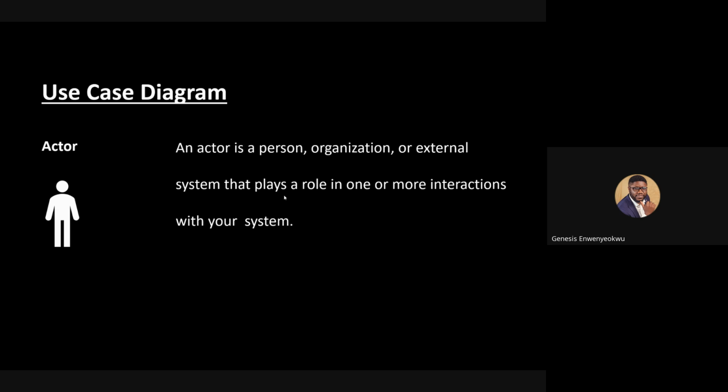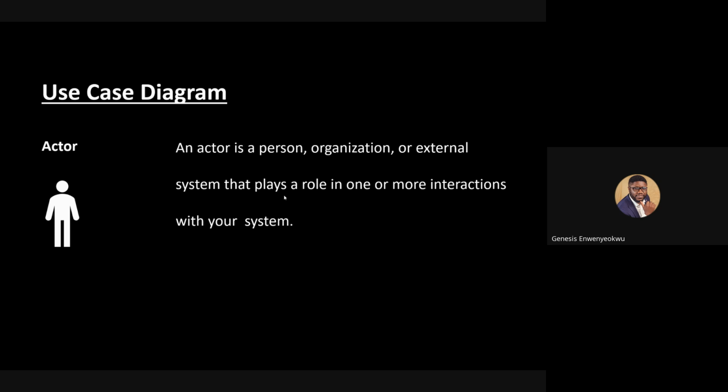Starting with the actor. An actor can represent a person, it can represent an organization, or it can represent an external interface, that is an external system that wants to play a role in one or more interactions with our system. An example is WhatsApp, right? If you want to draw the use case diagram of WhatsApp, WhatsApp will be the system. So we'll draw a system boundary called WhatsApp.